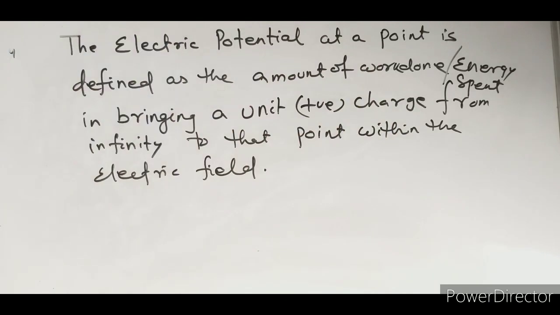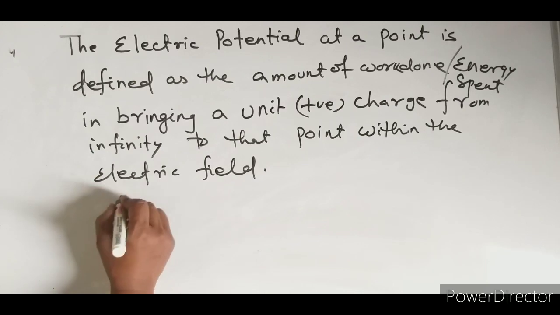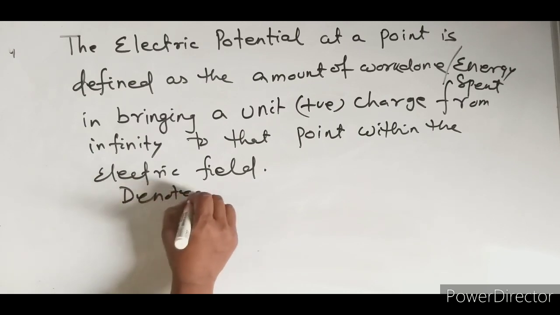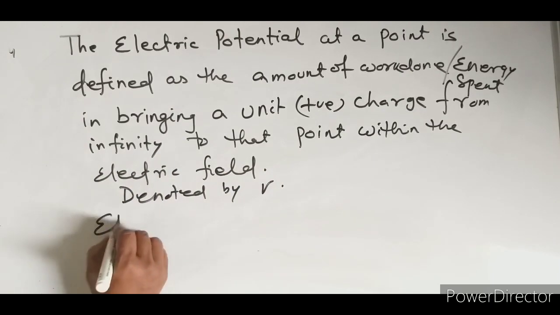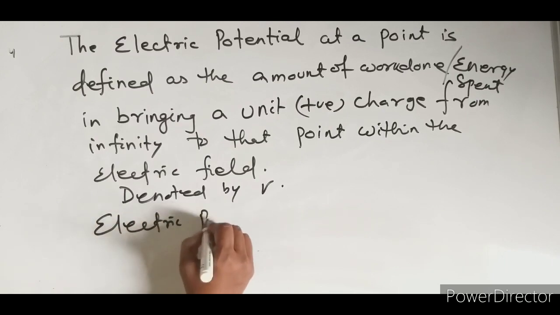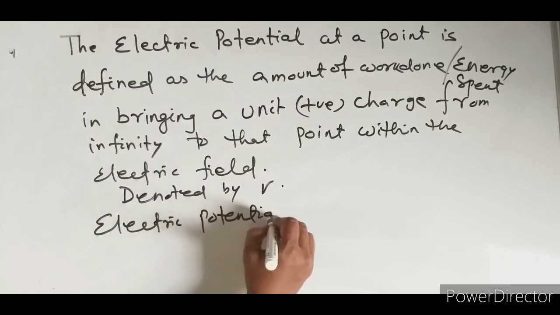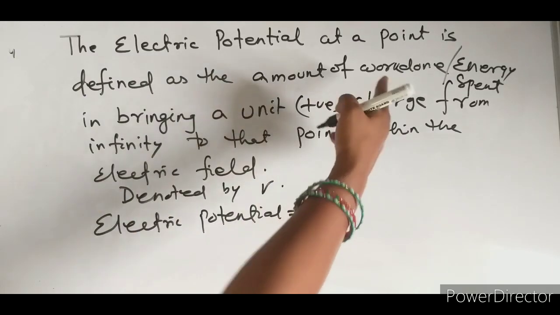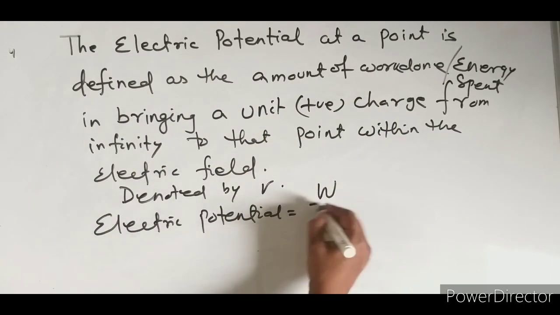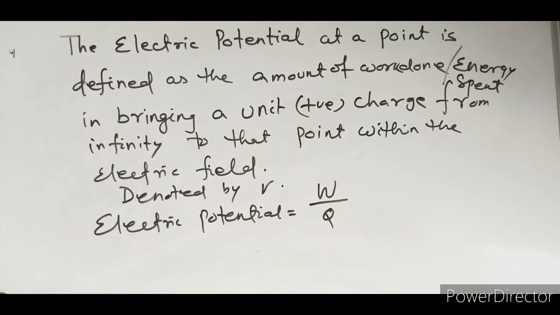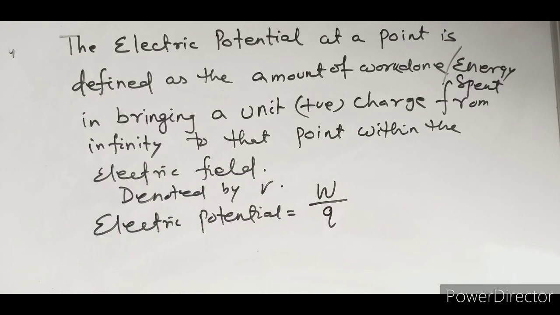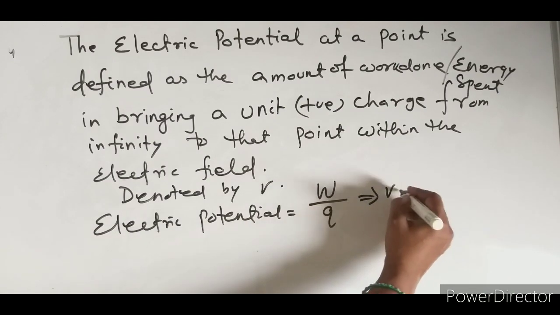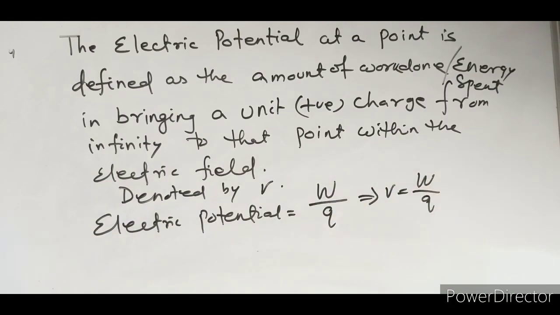Electric potential is denoted by V. So let us see what its formula will be. Electric potential is the amount of work done by a charge, so you can write Q, or small q also. So V equals W by Q.